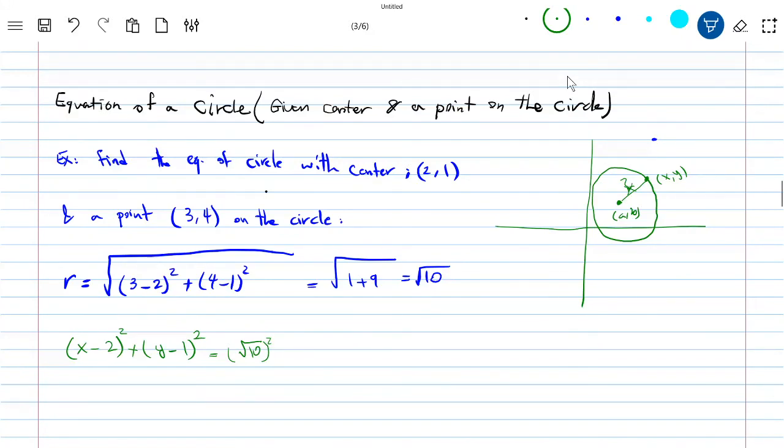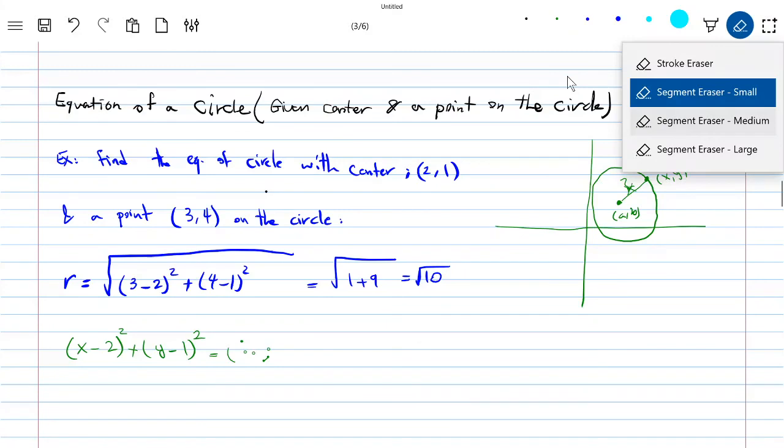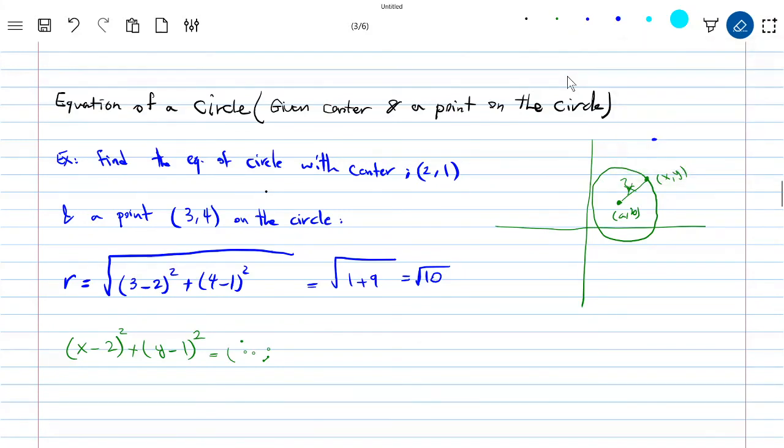Square root of 10 squared is simply 10. Let me erase this. Okay, sorry about these circles. They do not go away. So this is 10. There's no 0 here. And so square root of 10 squared simply becomes 10.